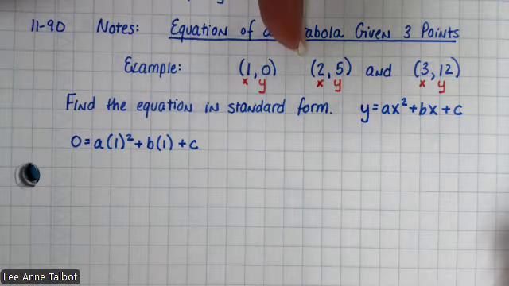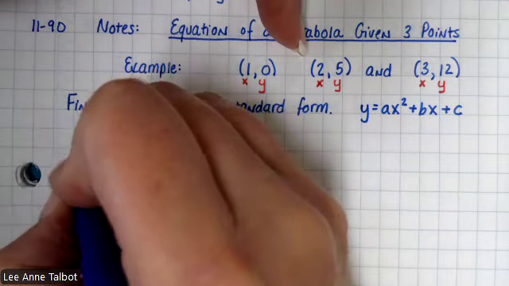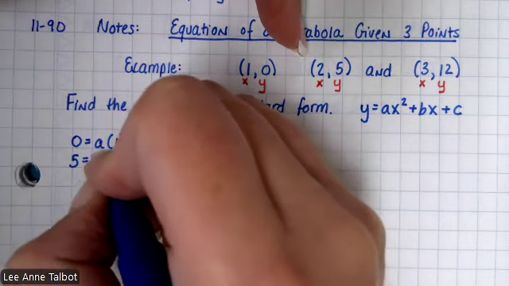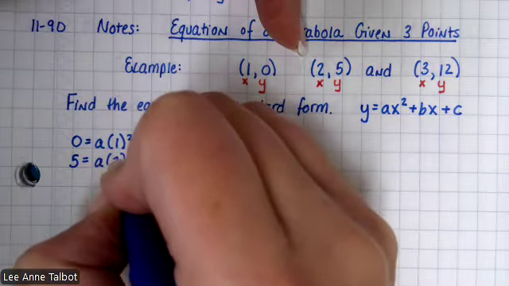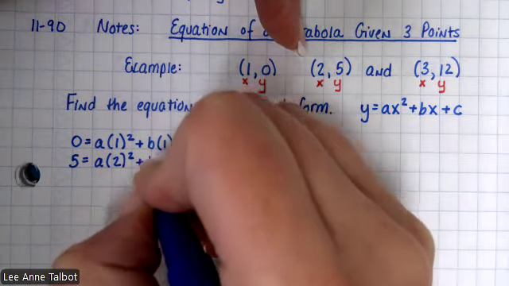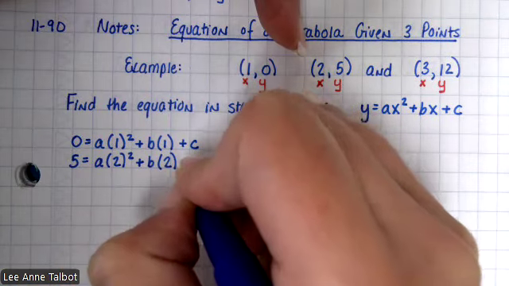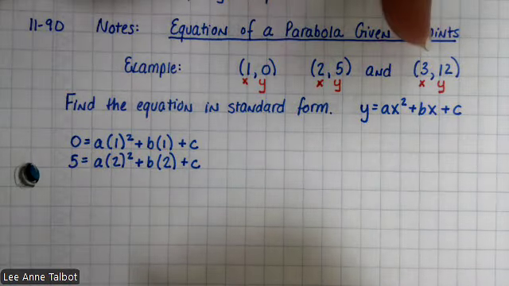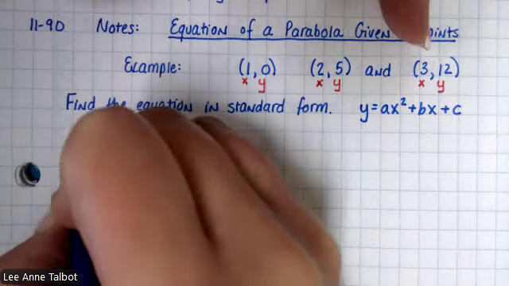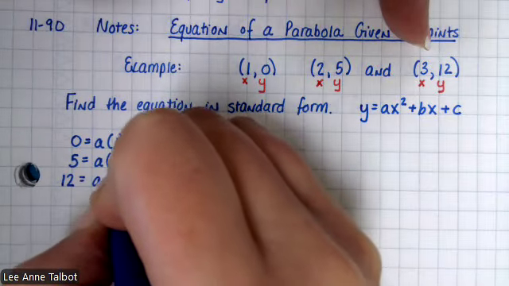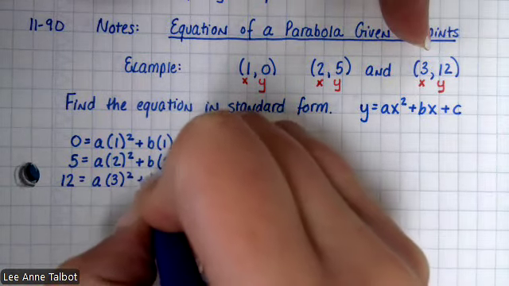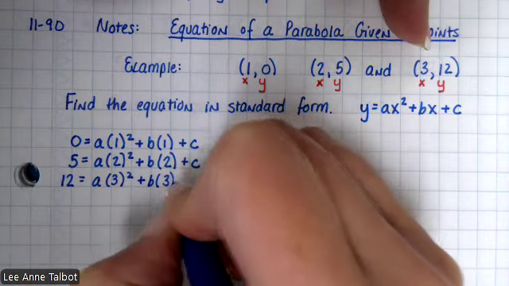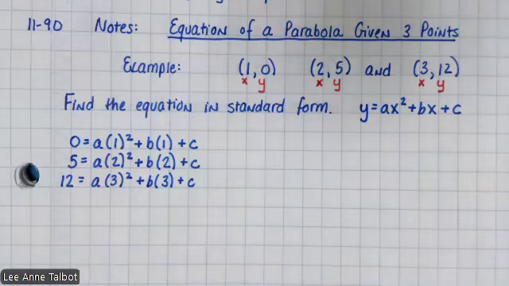Okay, now I'm going to this one. 5 equals ax squared plus bx plus c. Now I'm going to this one. 12 equals ax squared plus bx plus c.